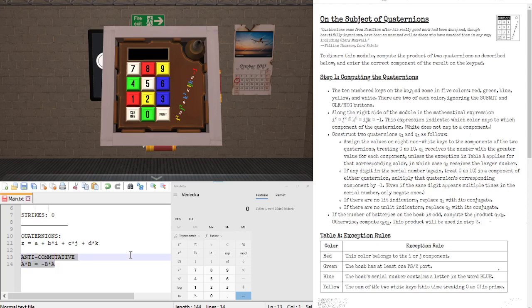The other property is one we would expect, which is associativity, which means that a times b times c is equal to a times b, then times c, which is equal to a times b times c. This is still true for quaternions, a, b, c being quaternions.